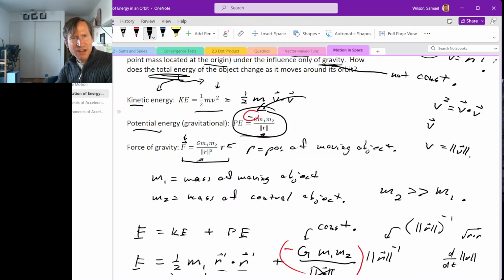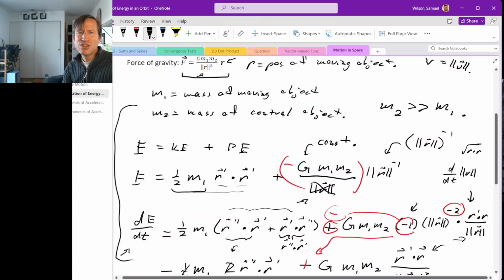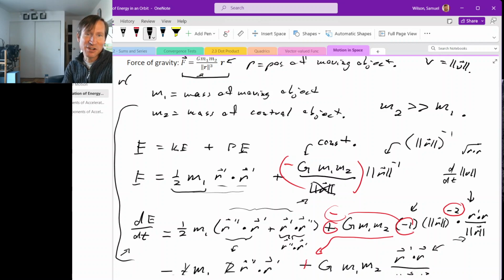So what I hope you get from this example is that the machinery we have for doing calculus with vector-valued functions lets us do big calculations like this even though we don't actually know what the position function is. At no point did I write down a formula for what our position function r of t was.